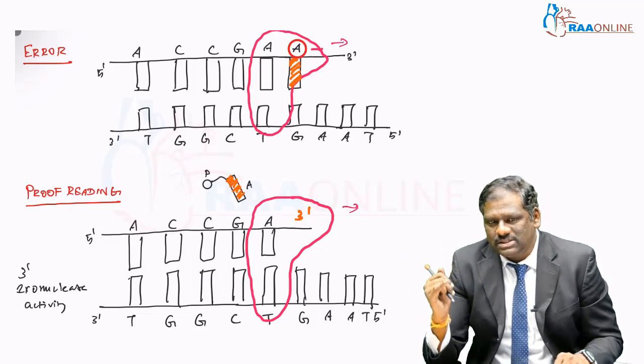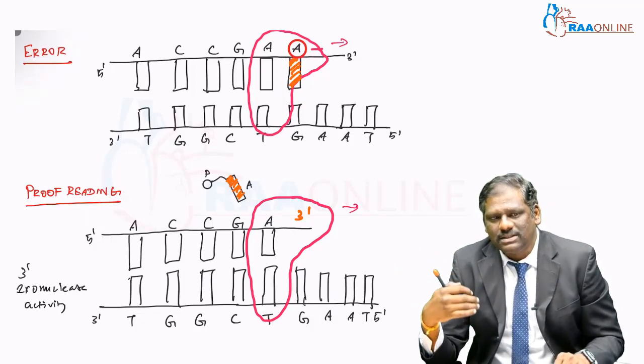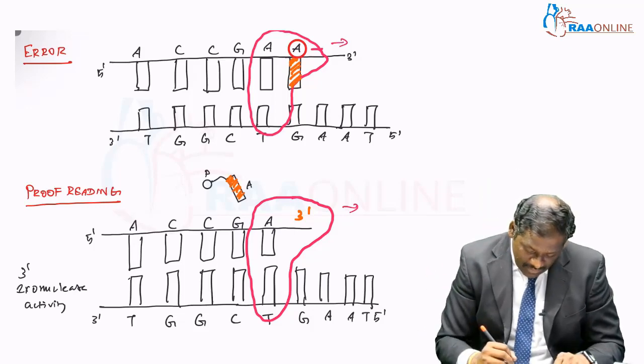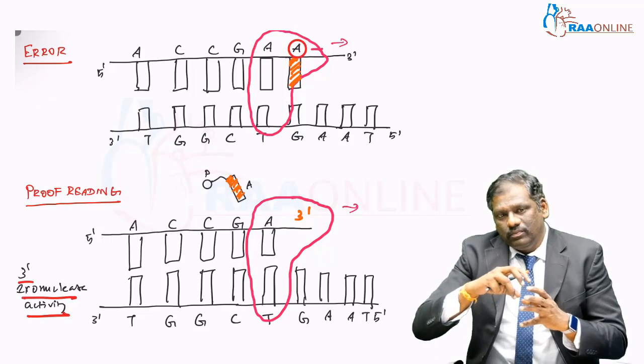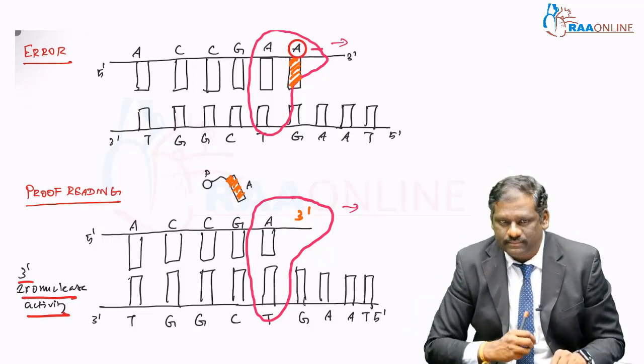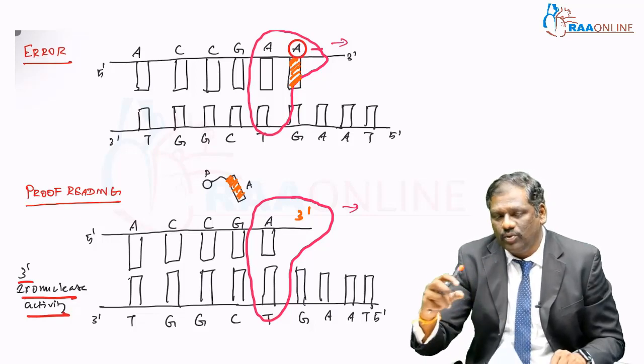Okay. Once the DNA polymerase identifies its mistake, with the help of its 3' exonuclease activity, it will try to remove that deoxyribonucleotide A, the deoxyadenosine nucleotide.